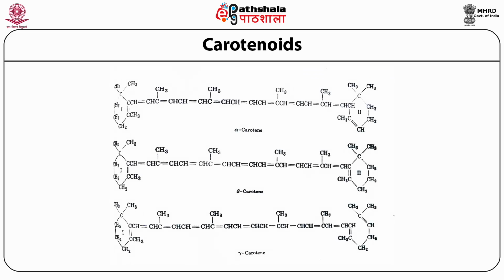The other 3 important naturally occurring carotenoids also are C40H56 compounds and are called alpha, beta, gamma carotenes with the structures as shown here. All higher plants have one or more of these 3 carotenes, and so do many unicellular organisms.